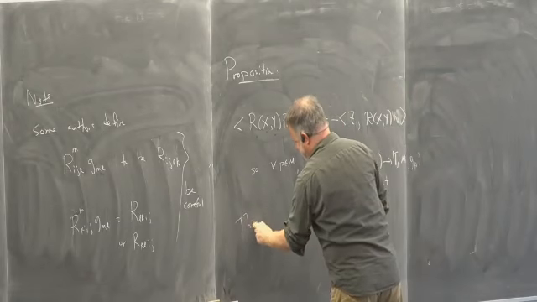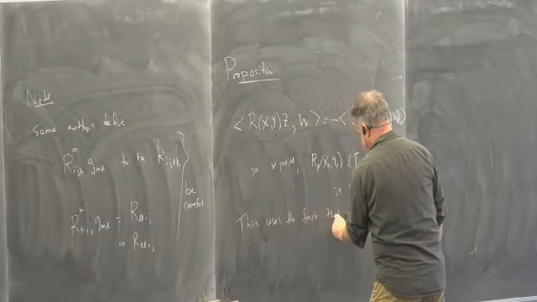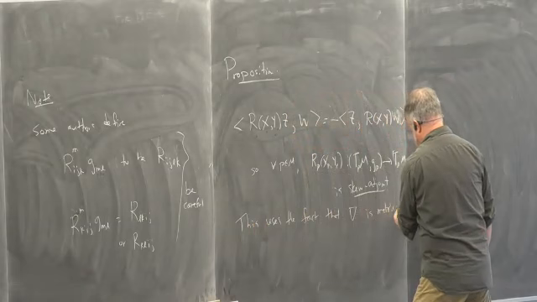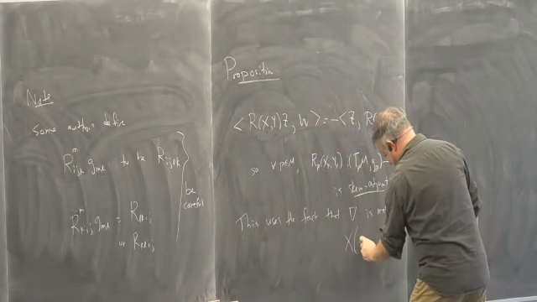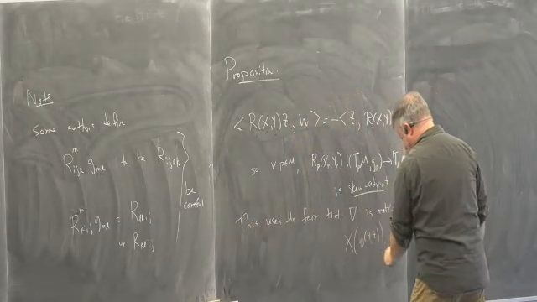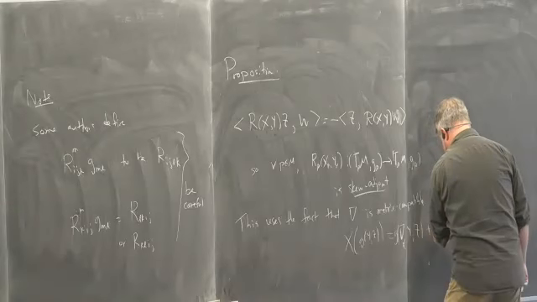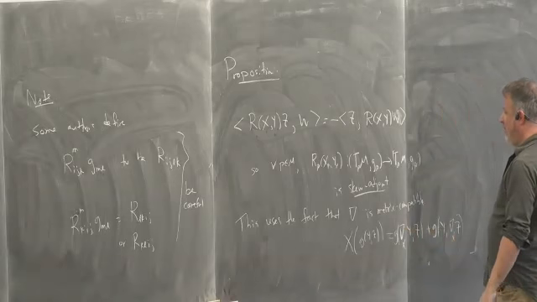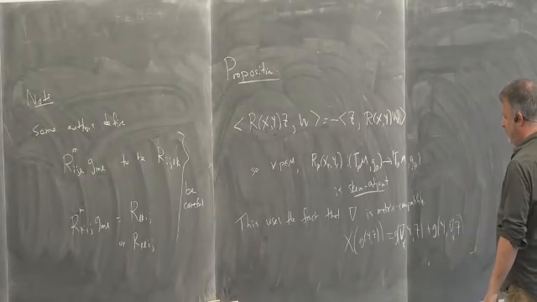And this uses the fact that the Levi-Civita connection is metric compatible. Remember what that meant: if I took g(Y, Z) and differentiated it in the direction of a vector field, there are terms where I differentiate the Y and the Z, but there's no term where I differentiate the metric. So this fact is true for any metric compatible connection.